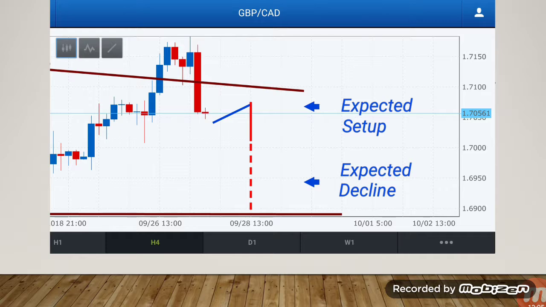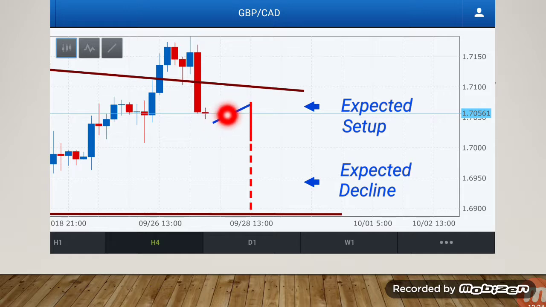Now again, similar to the Euro Canadian dollar and the Euro US dollar, we're going to be waiting until the market pulls back a little bit and then U-turns to provide us with a strong bearish signal. So this could be provided with 3 to 4 4-hour candles that lead to the formation of a slight pullback, and then the fourth candle could lead to the formation of the bearish signal that we would need.